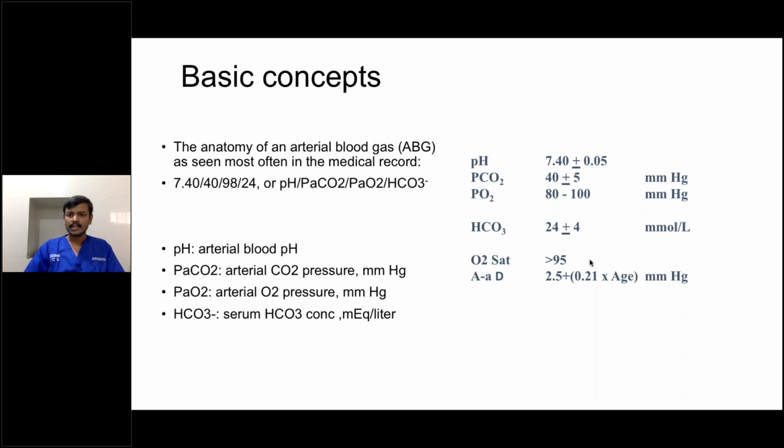Bicarbonate is taken as 24 as normal, even though it varies from 20 to 28. Why are we taking these values? This is just for the calculation point of view, so it is very easy for us to calculate if we have a fixed value. So pH 7.40, PCO2 40, PaO2 100, bicarbonate 24 is usually taken as normal from the calculation point of view.